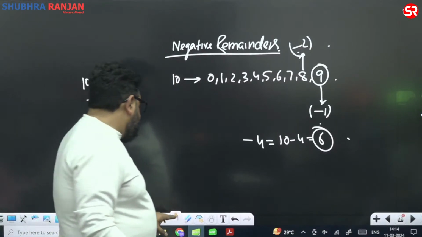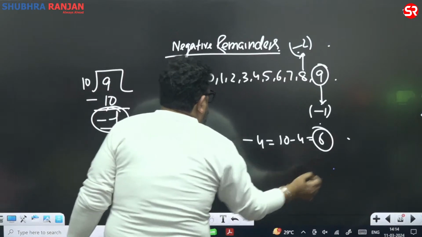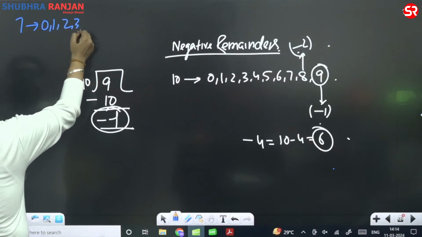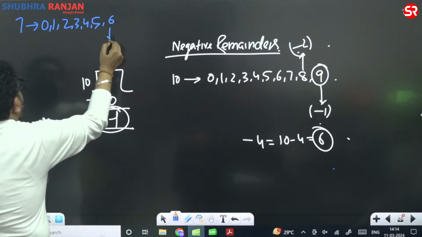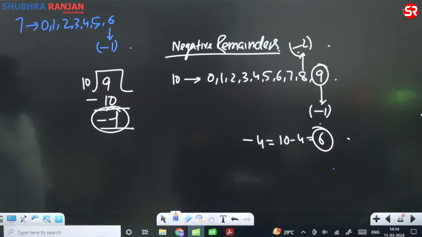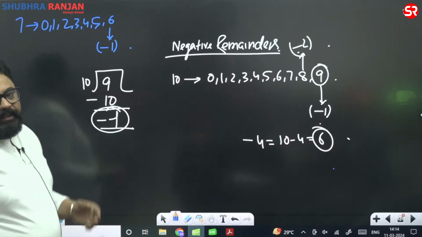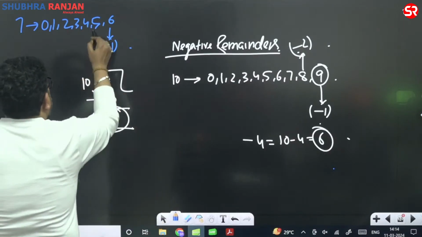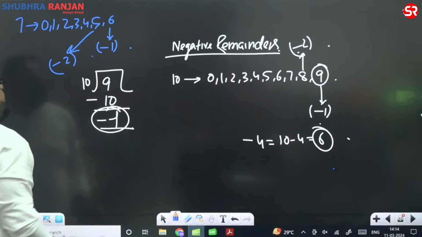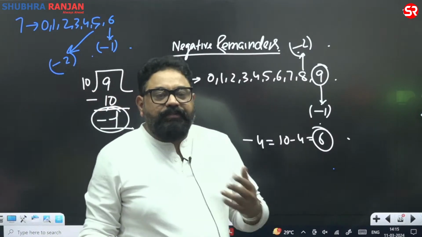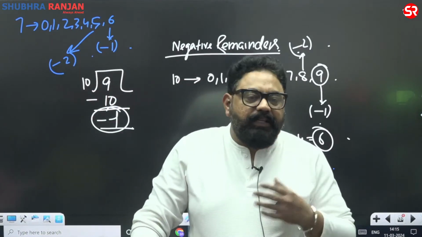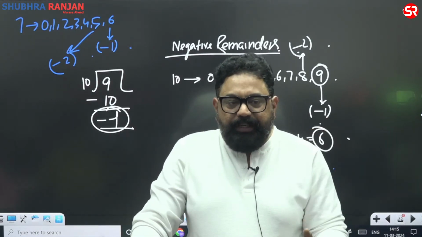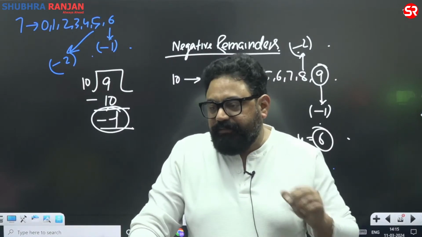For example, if you divide a number by 7, possible remainders are 0, 1, 2, 3, 4, 5 and 6. 6 can be written as minus 1, meaning 7 minus 1 is 6. 5 can be written as minus 2, meaning 7 minus 2 is 5. This is the meaning of negative remainder. It is just that you should know where to put it and the questions are easily solvable after that.